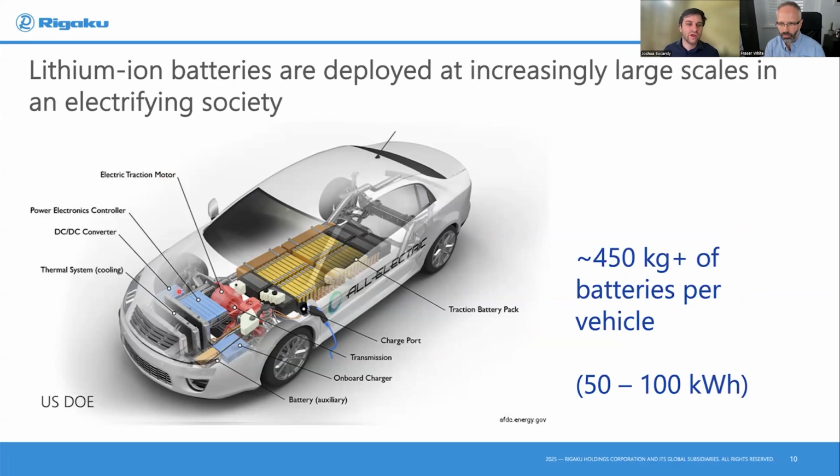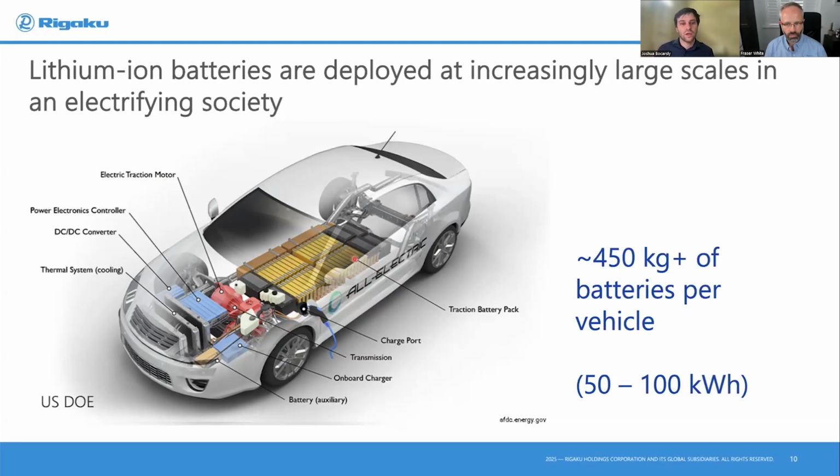So for example, here's an electric vehicle. And I like this figure of an electric vehicle because you can see where the batteries are. The yellow here is the batteries. And a typical electric vehicle has 450 kilograms plus, even up to a ton of batteries in it. In this case, it takes up the entire undercarriage of this vehicle, and it can be the majority of the weight of a vehicle.